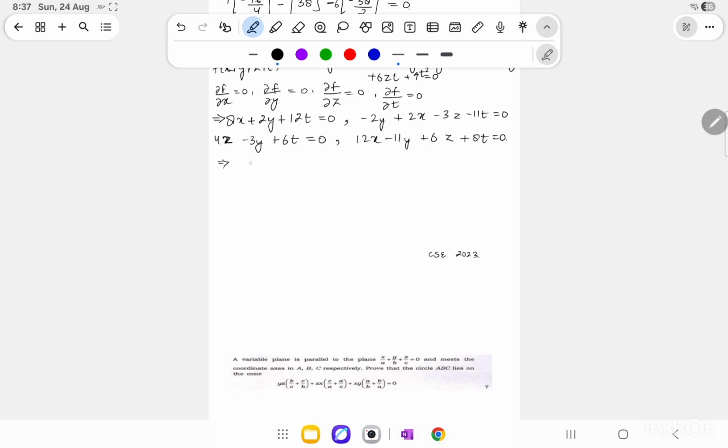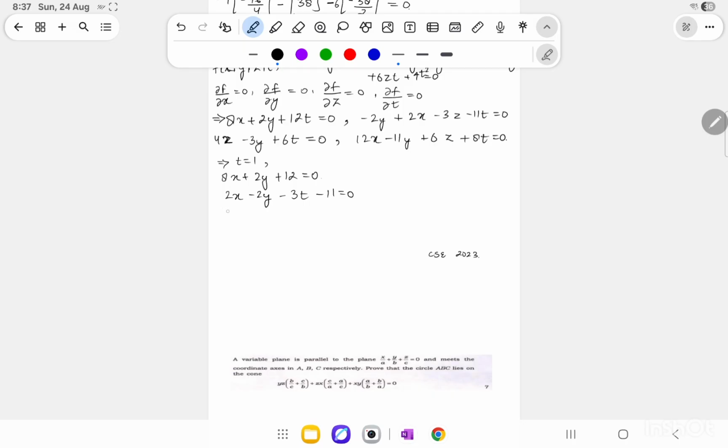Since our t equals 1, from here we'll get 8x + 2y + 12 = 0. Likewise, from the second one we'll get 2x − 2y − 3z − 11 = 0.